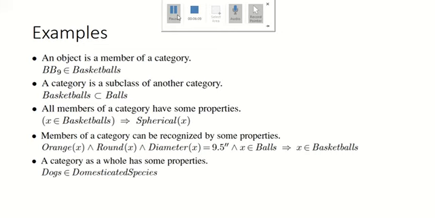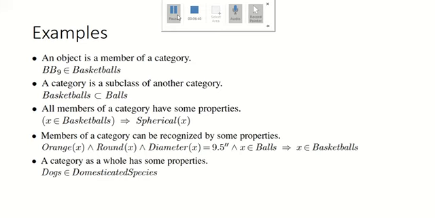For example, BB9 is a member of basketballs, so we represent BB9 belongs to Basketballs. Similarly, if we say basketball is a member of balls, we can write Basketball belongs to Balls.